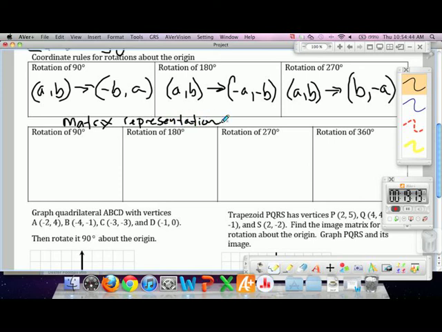The boxes below are going to be our 4 matrix representations. So again, we can rotate individual coordinates with these rules. It can be more efficient if we have larger polygons to just represent them as a matrix and use matrix multiplication. The matrix rules are as follows.